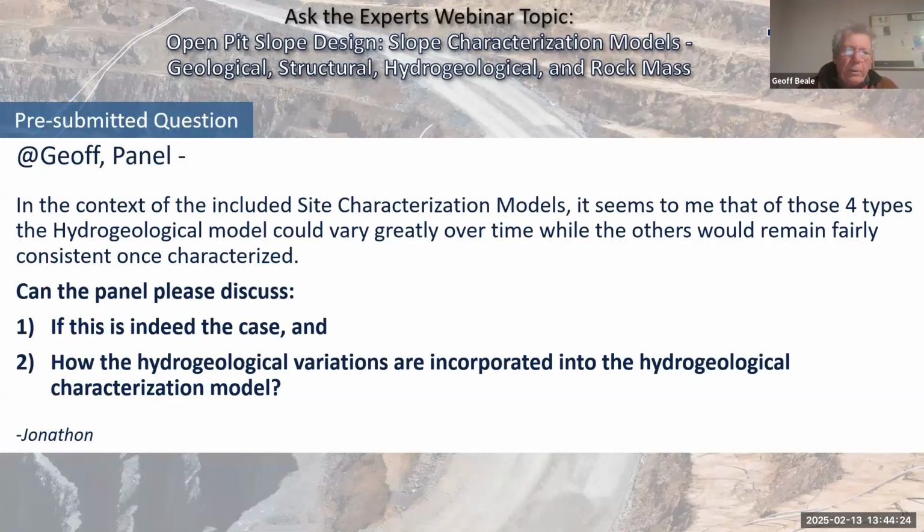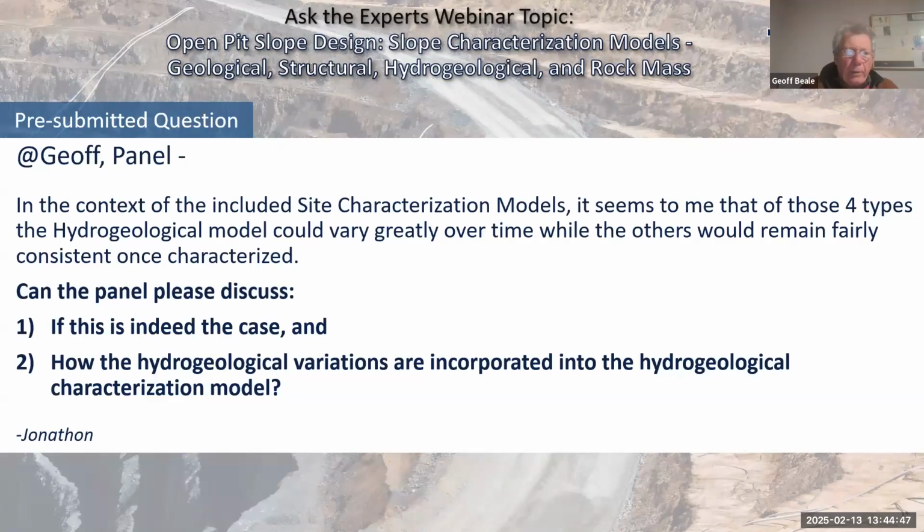And so it's always good to look at that and to think, how can we change things? How can we improve things in terms of the overall geotechnical model? So yes, it is indeed the case that the hydrogeological model will vary greatly over time.